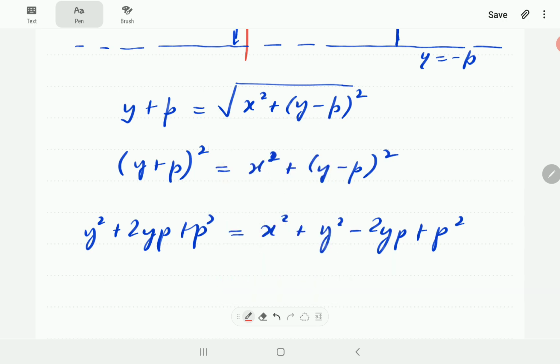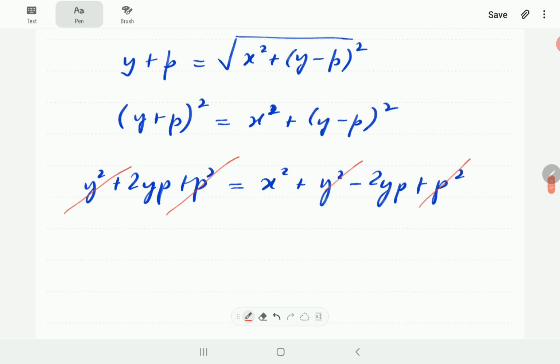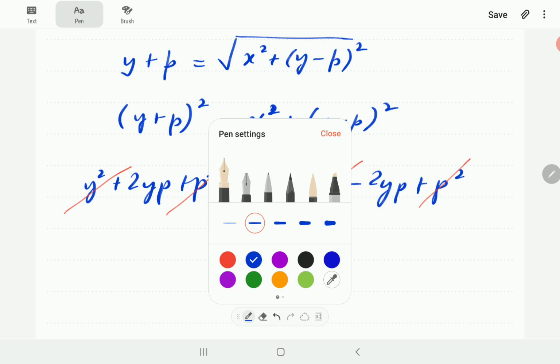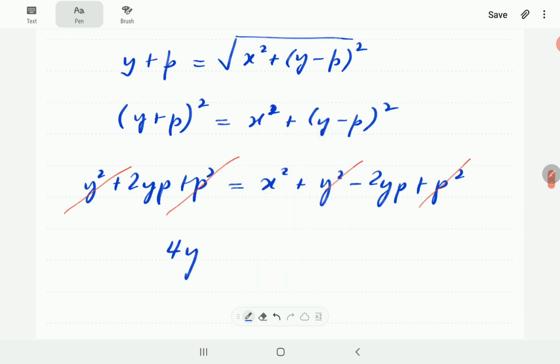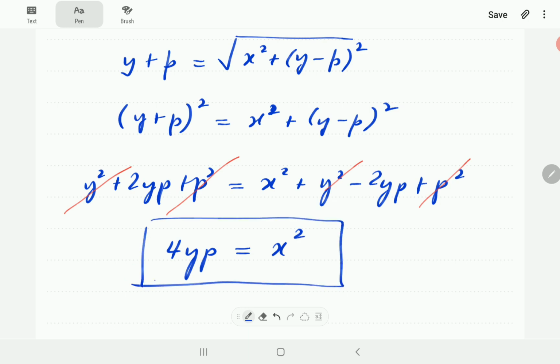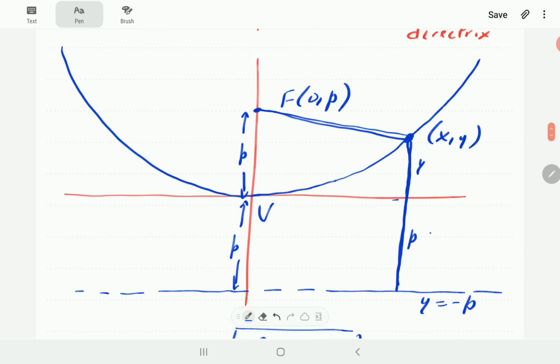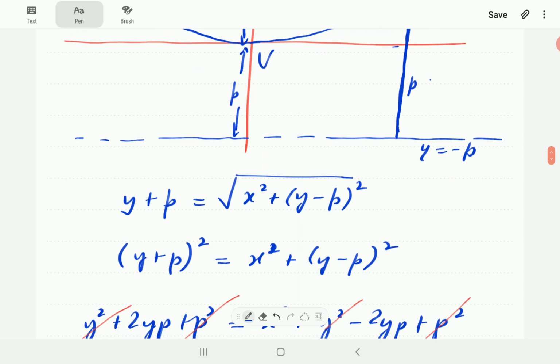Then p squared cancels out, y squared cancels out. If we take the 2yp terms to this side, the equation we have is 4yp equals x squared, and this is the equation of a parabola whose vertex is at the origin, which opens upwards.